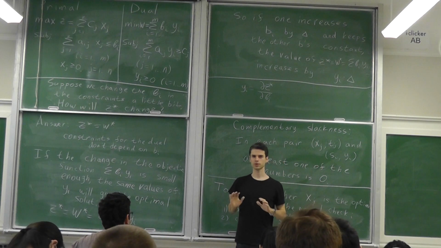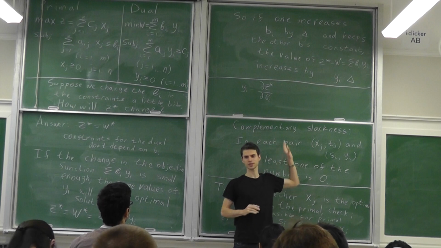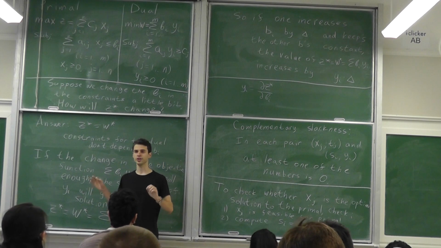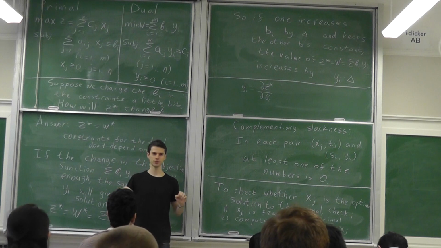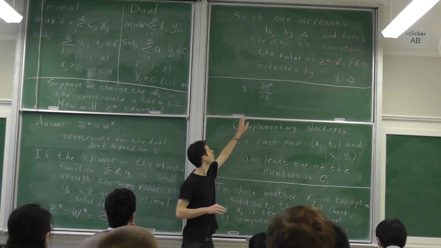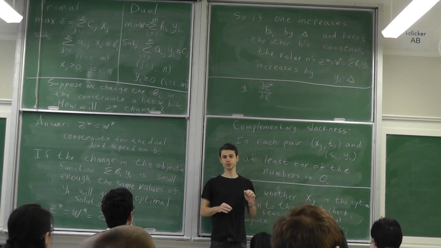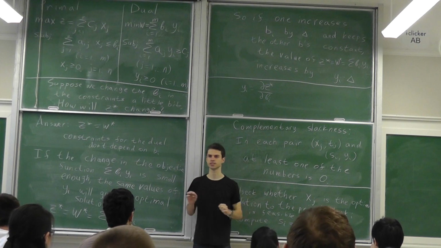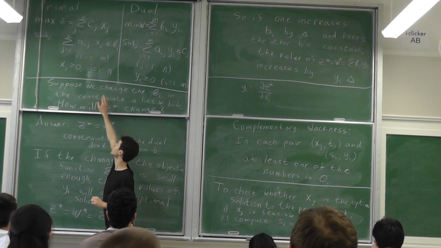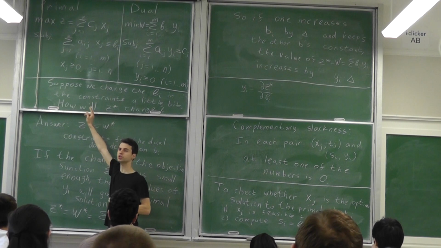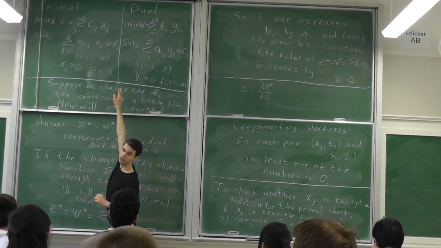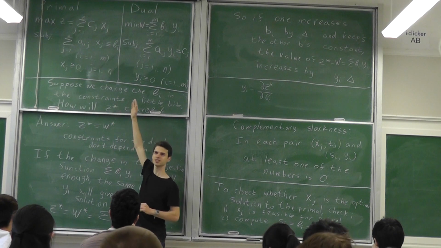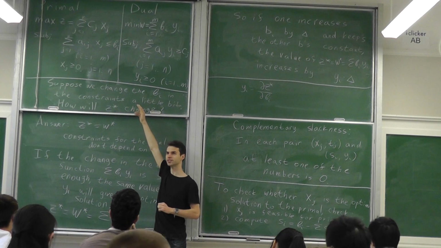So let me once again try to parse this conclusion. The mathematical significance of the dual variable, using this interpretation, is as follows. It's how sensitive the optimal solution of the original problem is to a change in the number on the right side of the ith constraint.